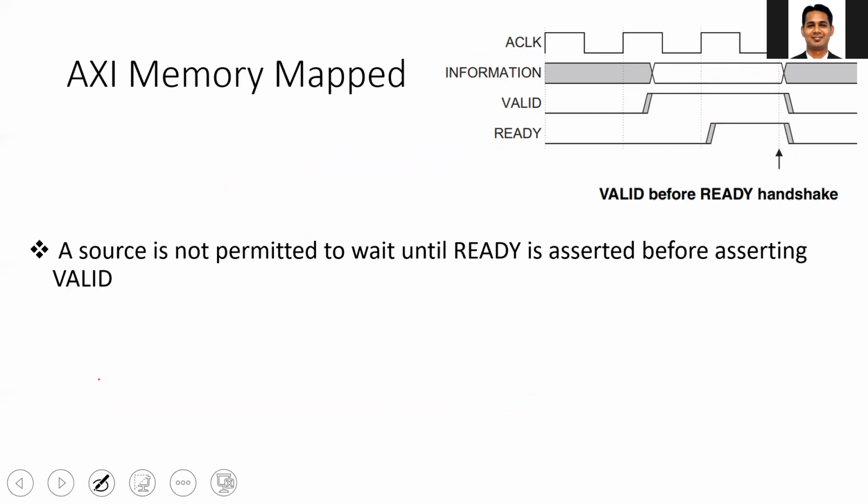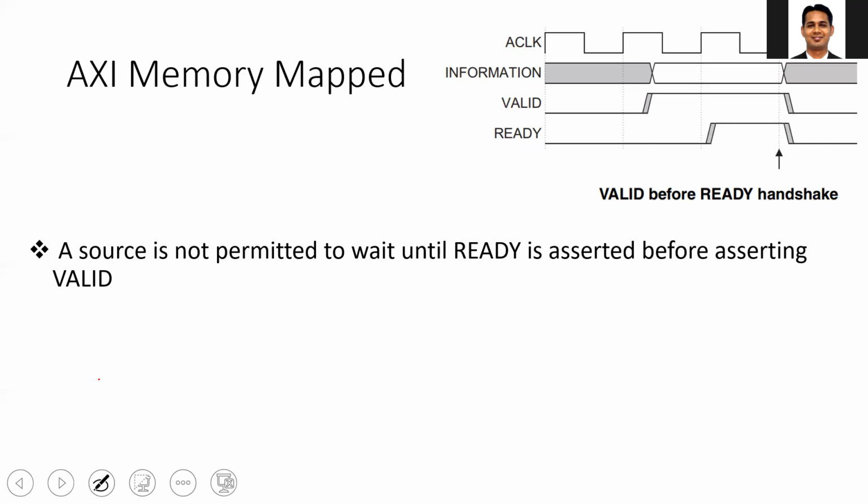A few important points about the ready and valid handshake. The source is not permitted to wait until ready is asserted before asserting valid. What does this mean? Whenever the source wants to transfer information, it should not wait for the ready signal to become high before making valid equal to 1.